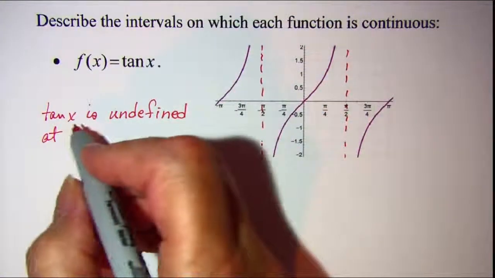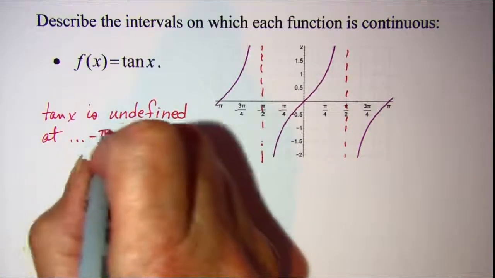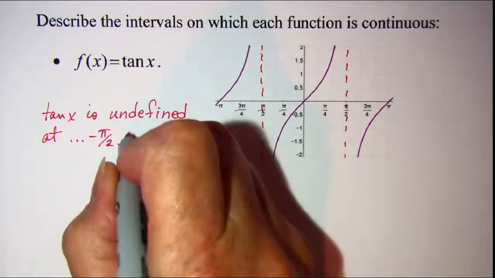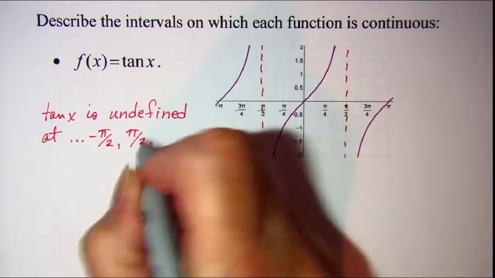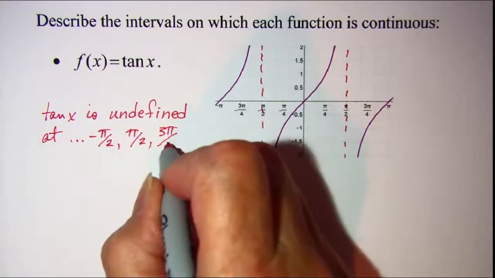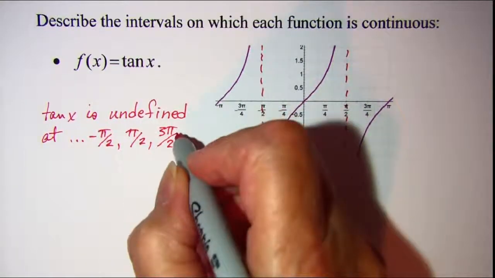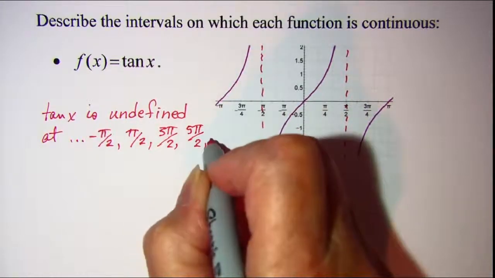So let me list these. And the next one would be 3 pi over 2, and then 5 pi over 2, etc.